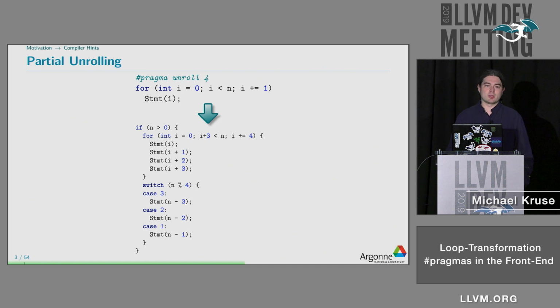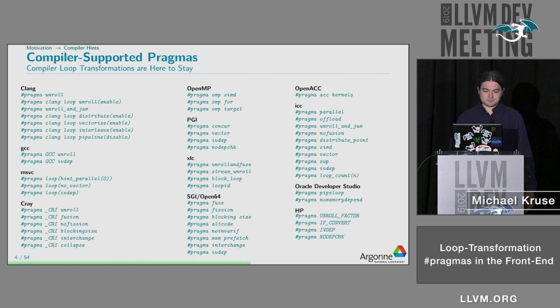That's just a hard problem, and it's easier to tell the compiler, hey, I have tested this and it works best, so please use this unroll factor here. And instead of writing the transformed code, which is usually something longer, it can be 1,000 lines, you just write it once and tell the compiler to apply the loop transformation instead of doing it yourself.